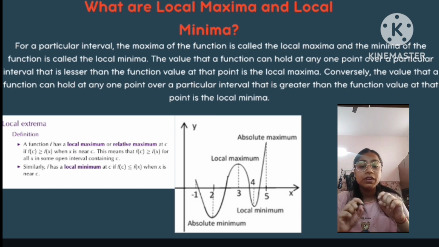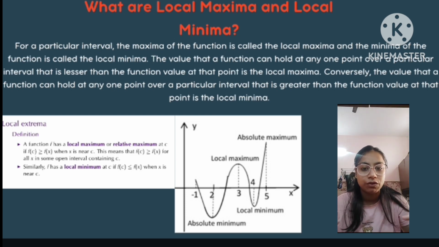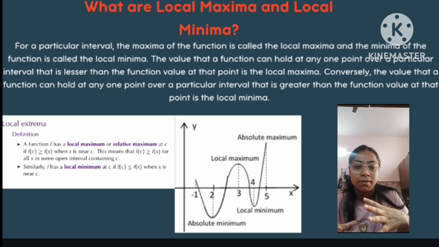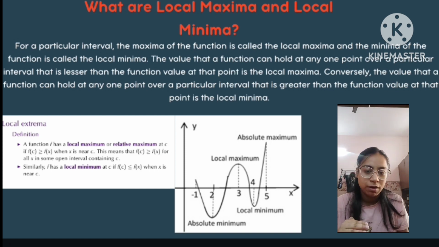Simply, if we choose any interval in the domain, the maximum and minimum value of the function in that interval is known as local maxima and local minima. Here we choose a particular interval in the whole domain, meaning in a graph we don't consider the endpoints. That is called local maxima and local minima.